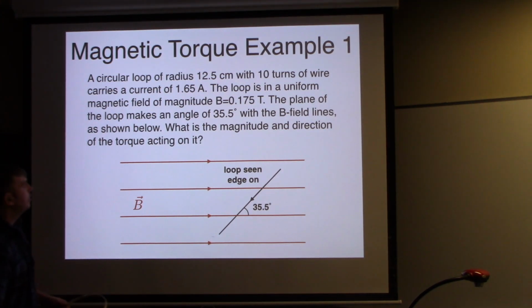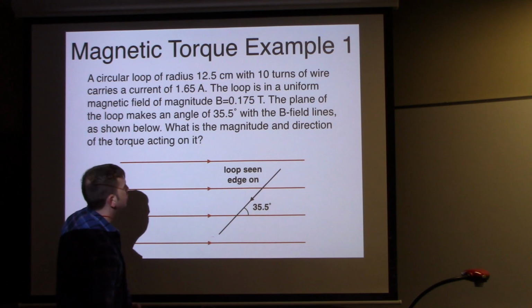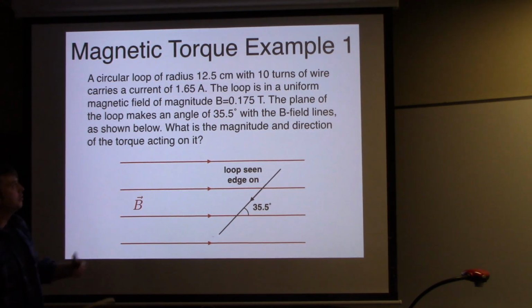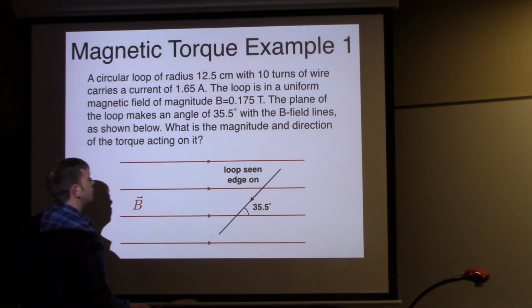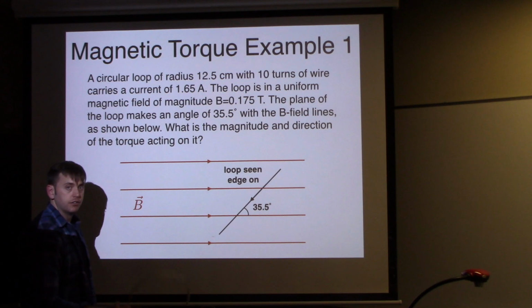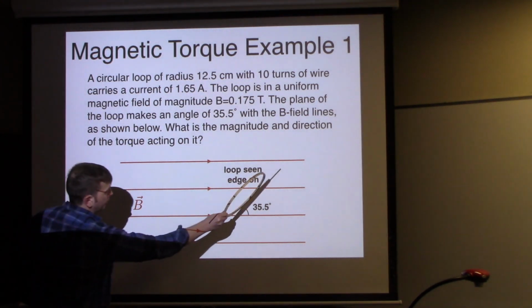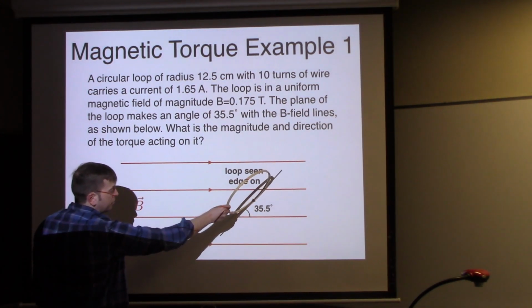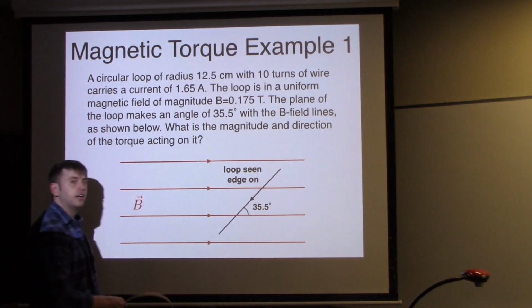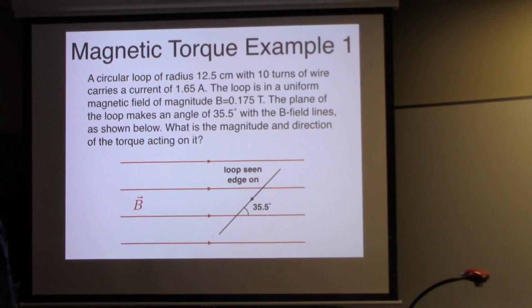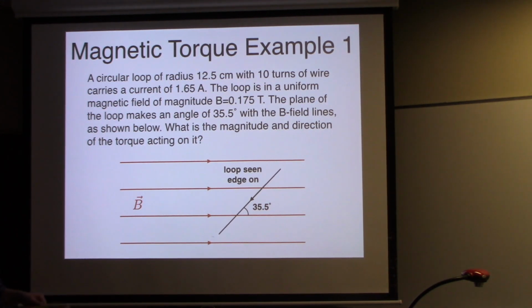The loop itself is in a uniform magnetic field, which is equal, in magnitude, to 0.175 Tesla. And the plane of the loop is going to make an angle of 35.5 degrees with the B field line. So if this is my circular loop, you're seeing it edge on like this, and the plane of the loop is making a 35.5 degree angle with the B field lines. So the question is, what is the magnitude and direction of the torque acting on it?